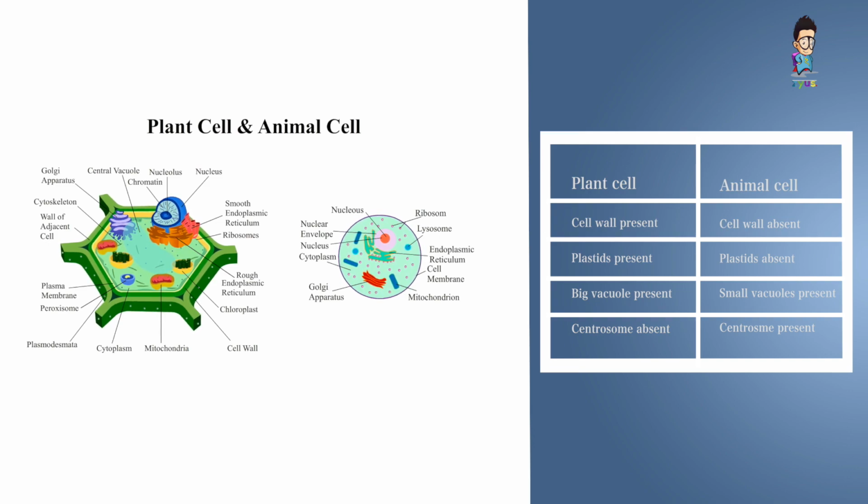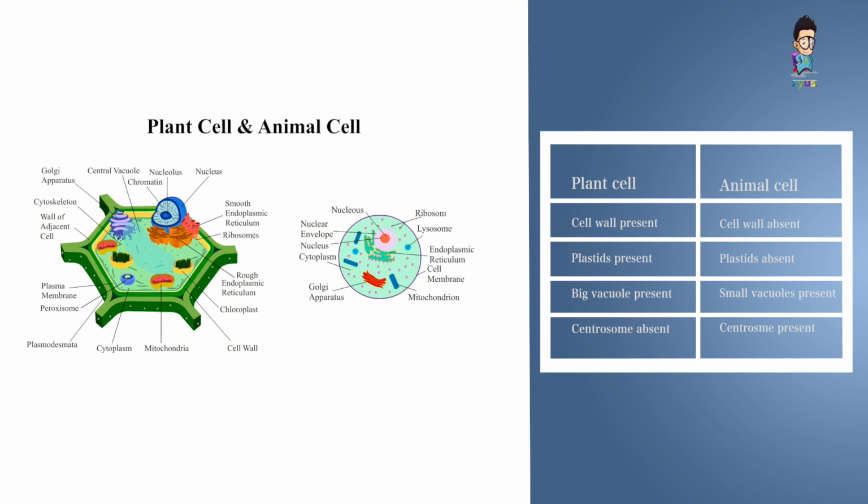So you can see that almost all the plants are green in color. That is due to the presence of a green coloring pigment in an organelle known as chloroplast. So chloroplast is a type of plastid. Like that, three types of plastids are there: chloroplast, chromoplast and leucoplast.